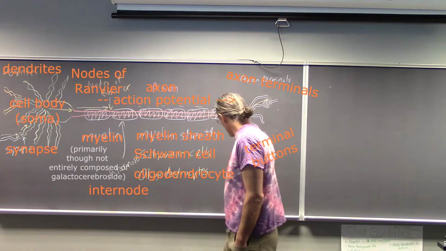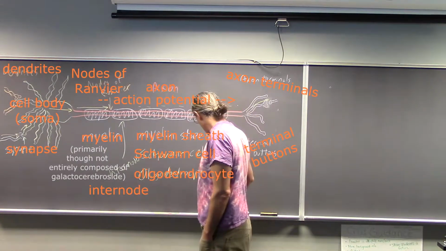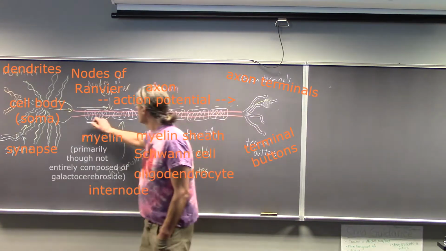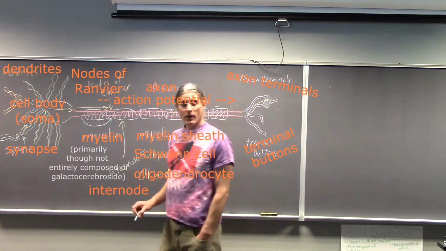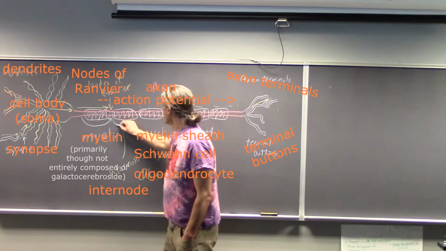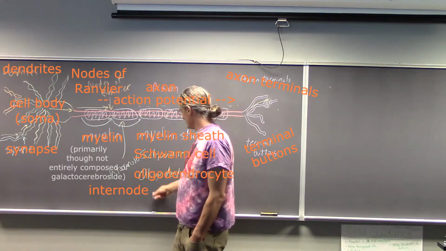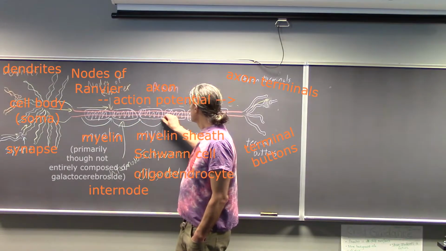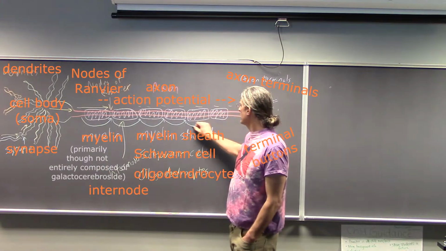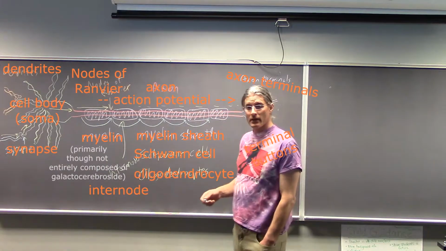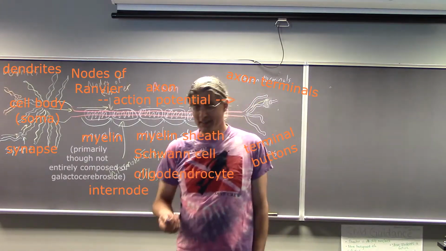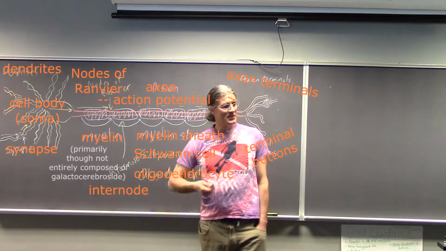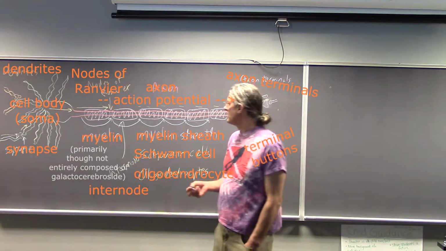And this is because you actually have a jumping of the signal from node of Ranvier, to node, to node, to node, and so on. And that's called saltatory conduction of the nerve impulse, of the action potential.